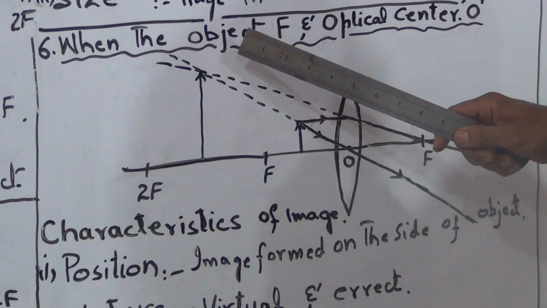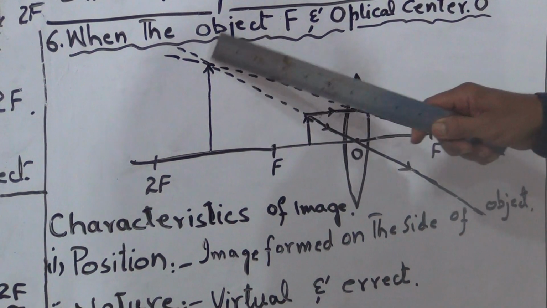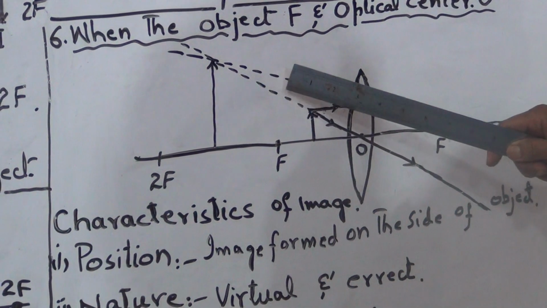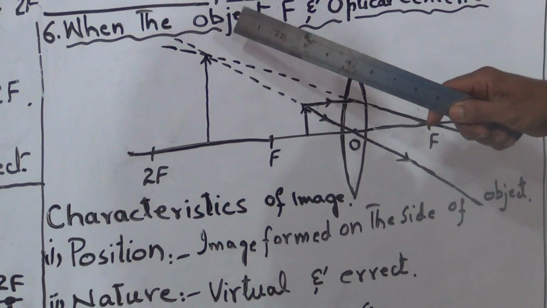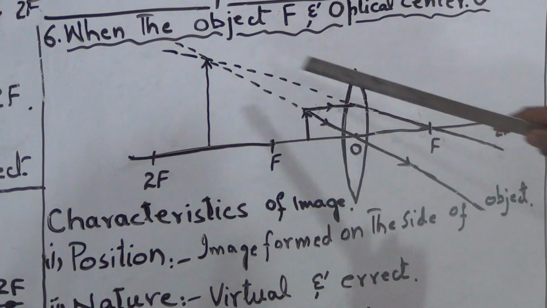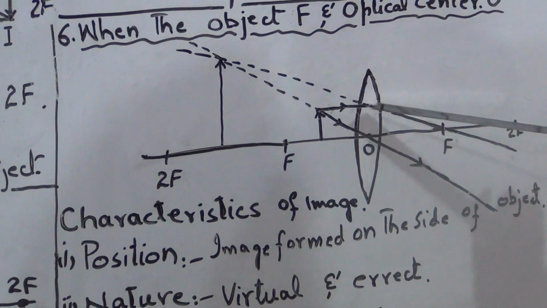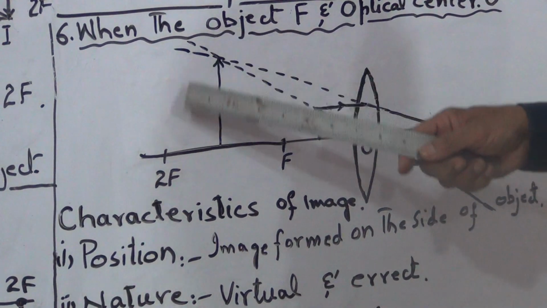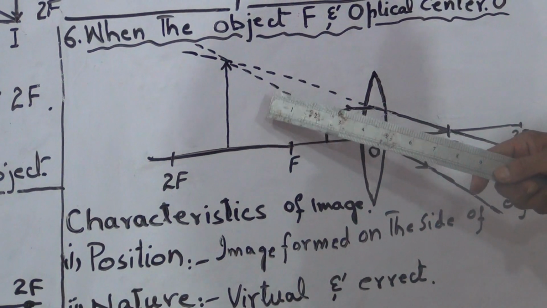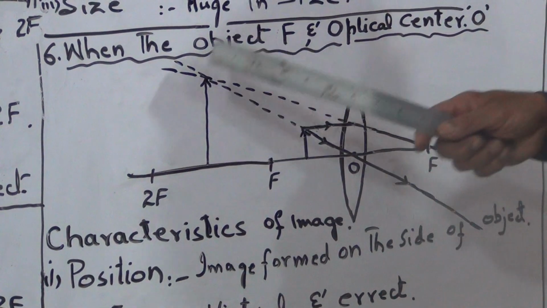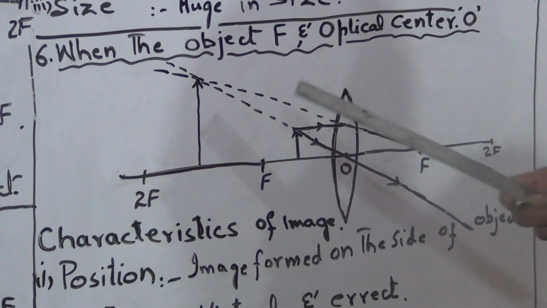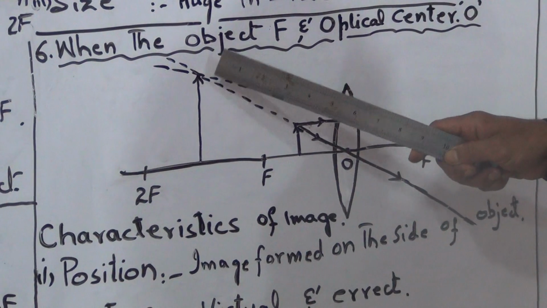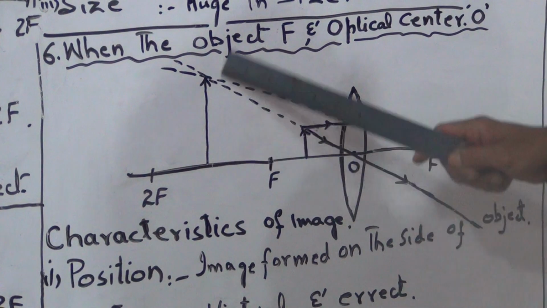So the image will be formed at the intersection of the imaginary, dotted lines, but these lines must be straight like this. So they intersect each other and the image is formed. So it is an imaginary intersection. Therefore the image is virtual and erect.